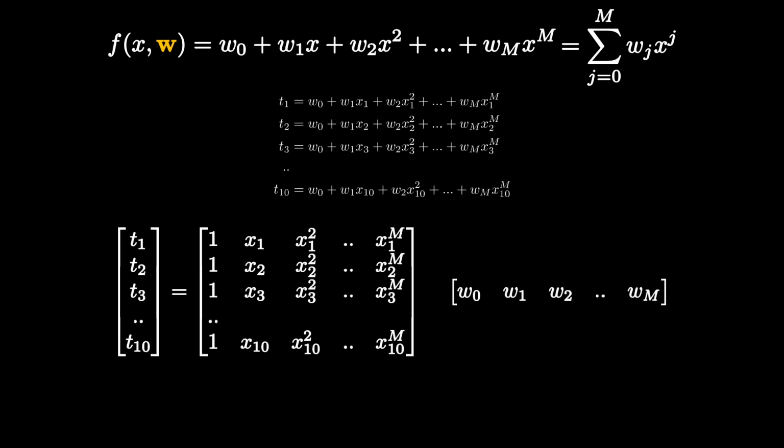Since these are a system of equations, we can represent them using matrices as well. By doing that, we can see that the target variables form a column vector and the weights form a row vector. And all our independent variables from various equations are the elements of a matrix.